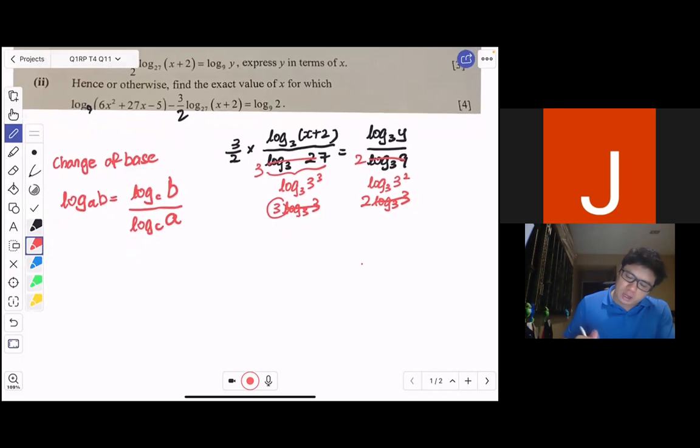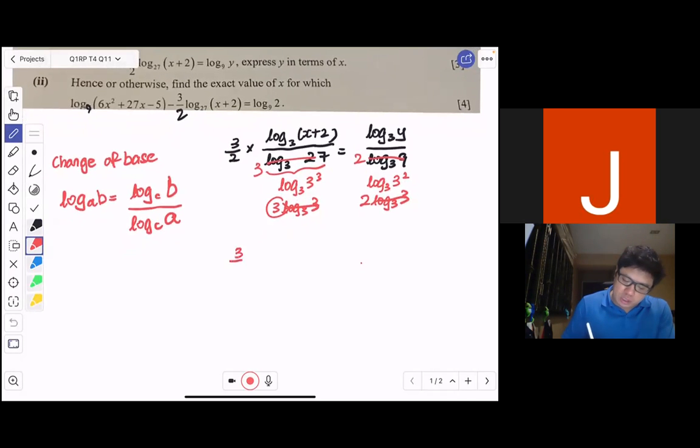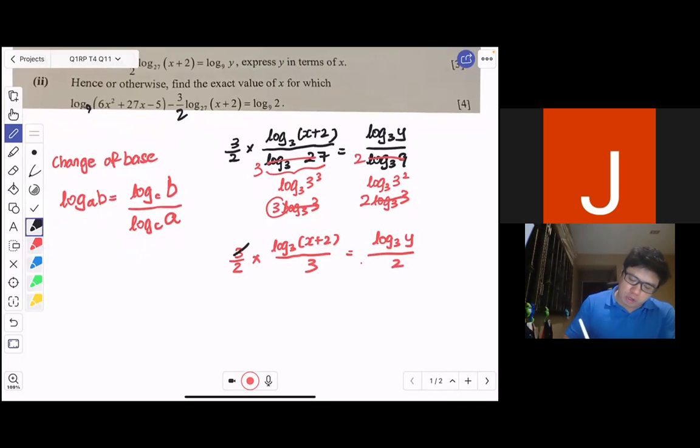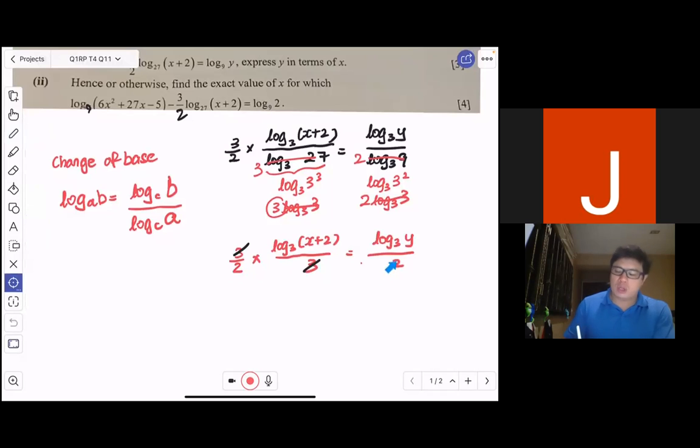So with that, I rewrite my equation. My equation is 3 over 2 times log base 3 of (x plus 2) over 3 equals log base 3 of y over 2. I can cancel out 3 on both sides. At the same time, if I multiply both sides of the equation by 2, I can also cancel out the 2.